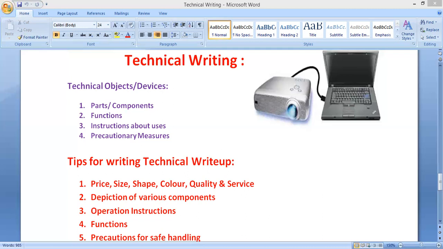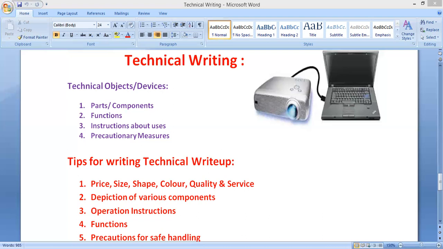Then precautionary measures. Not just instructions, but at the same time, what kind of precautions one should take while handling that particular machine, object, or device. If you give precautionary instructions to the users, to the customers, they will take care of that particular technical object properly, and of course it will be helpful to them also.